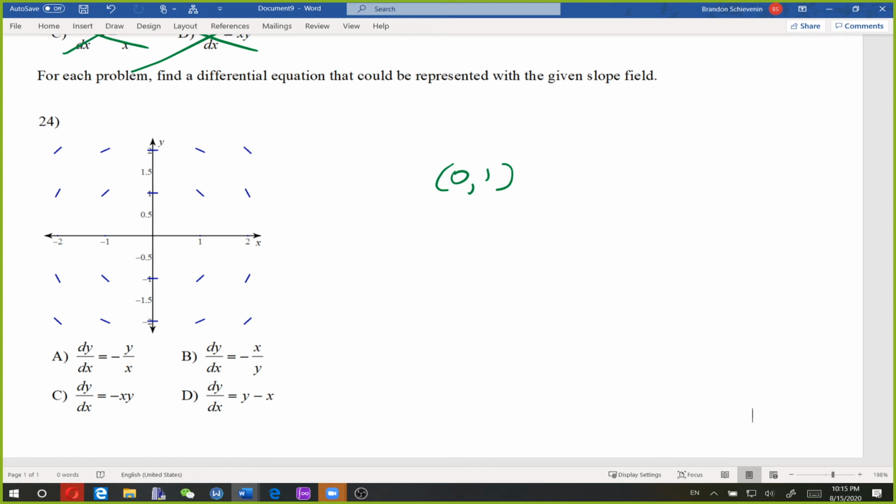Okay, so Kyle, I'm going to stick with you on this one. Let me know if for the point 0, 1, dy over dx should be 0. If that's not true, say not true. Okay, for A. Not true, because if I divided by 0, I would be undefined, so it cannot be A. Okay, what about B?